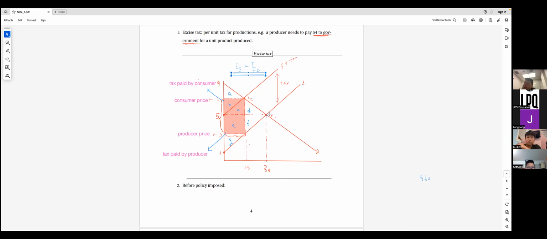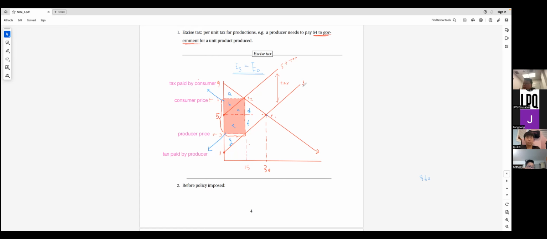So if in this graph ES equals ED, now they equally care about price change, if you compare consumers and producers. They are equally sensitive about price change.